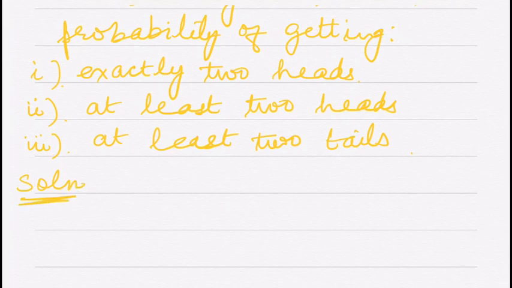Now for this kind of question, first we have to write down the sample space, because I have to know the outcomes. So 3 coins are there. Let's see how many outcomes there will be.